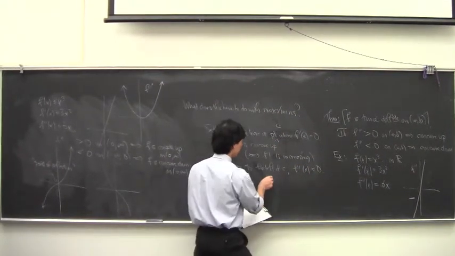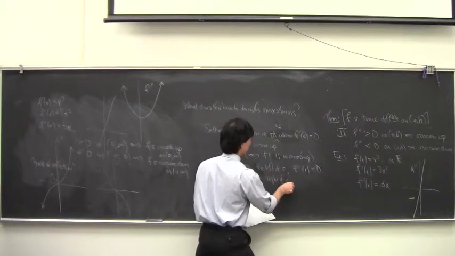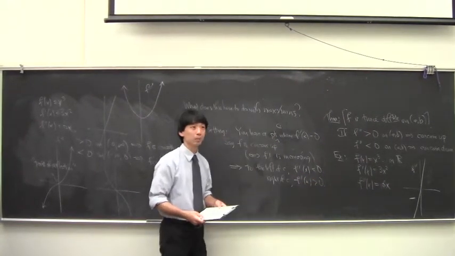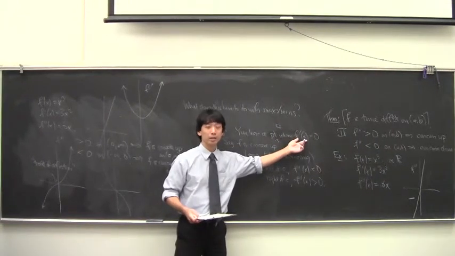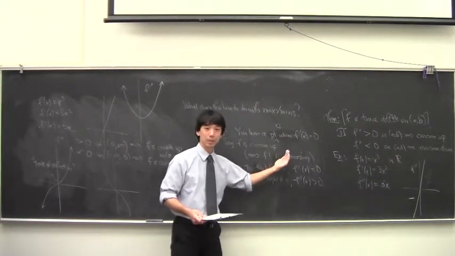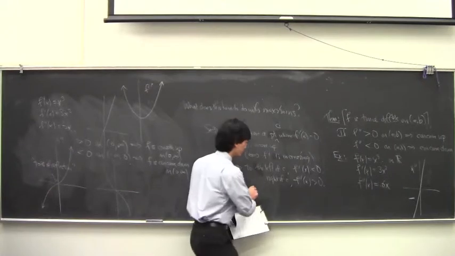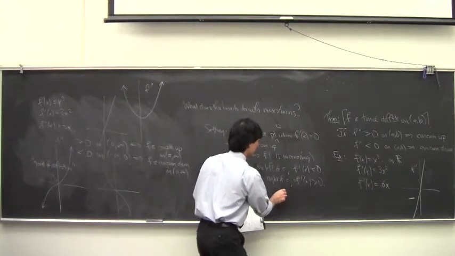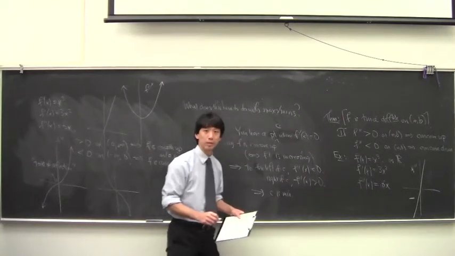And to the right of C, f prime must be positive, because it's zero there, and it's increasing. So it was decreasing before and increasing after. And so C is a local min.